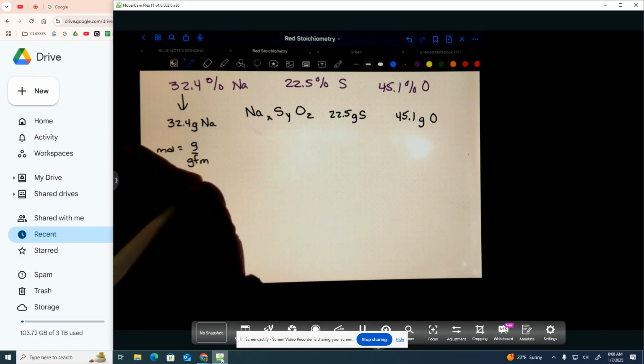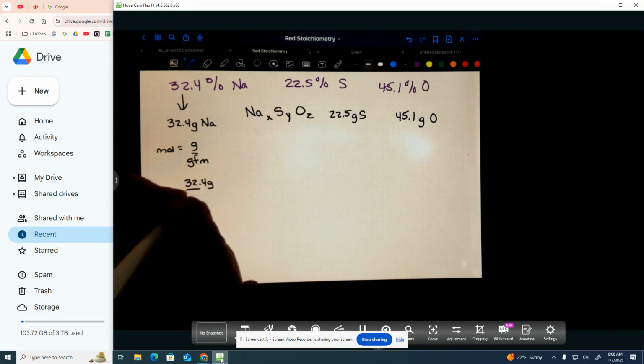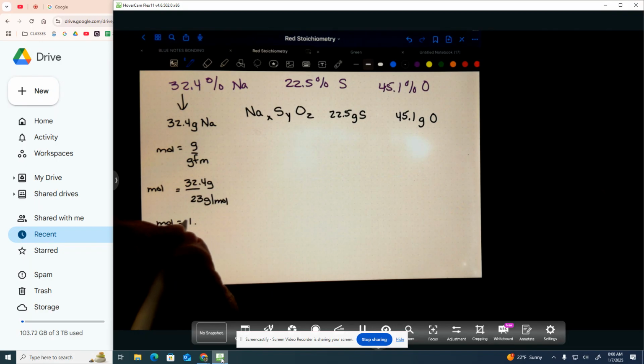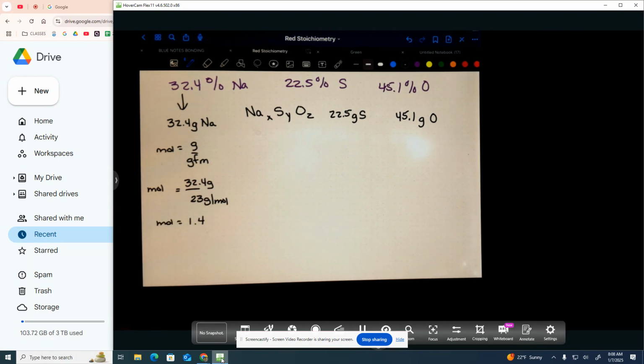We got 32.4 grams over, sodium weighs 23 grams per mole. And so I'm going to get how many moles? 1.4? I got 1.41. Yeah, all right, 1.4.